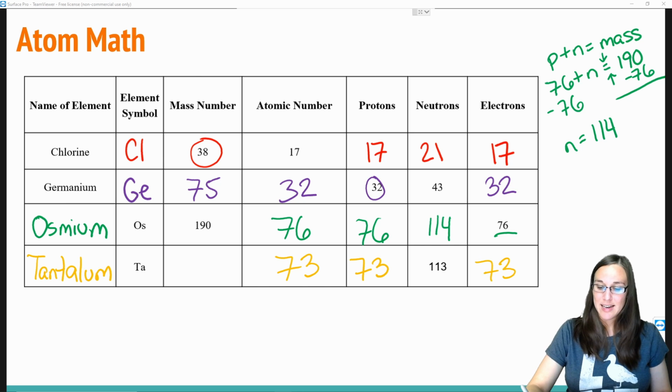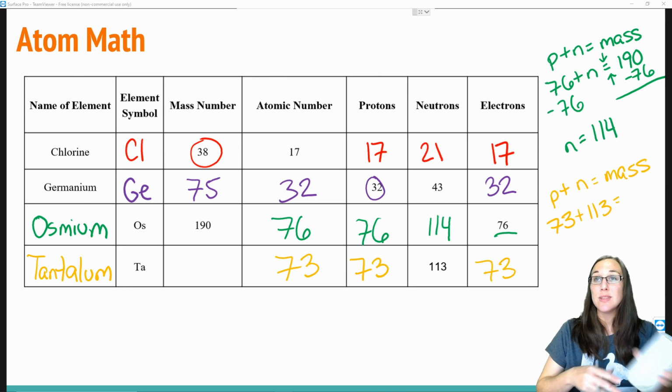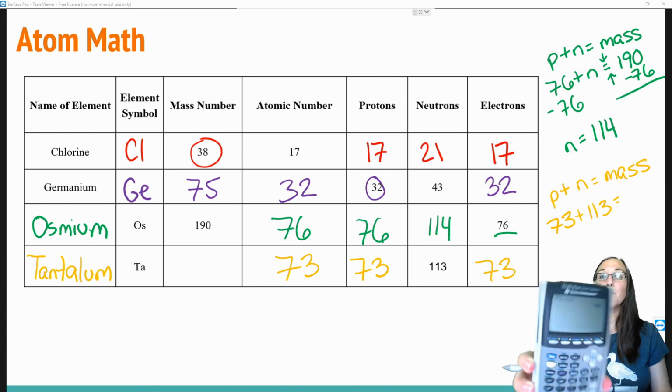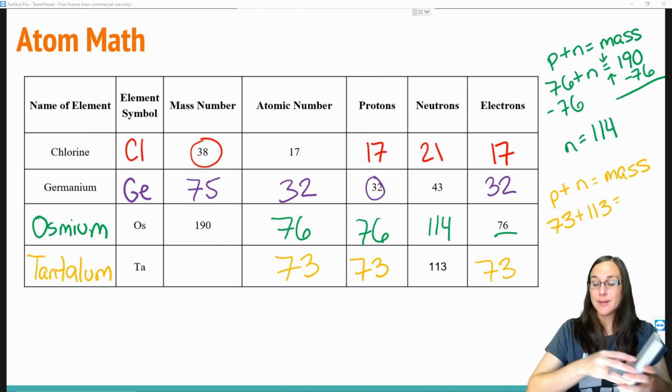And last but not least, to find our mass number, we have P plus N, proton plus neutron, equals mass. So my protons are 73, my neutrons are 113. If we add those two things together, we have 73 plus 113, and that is 186.